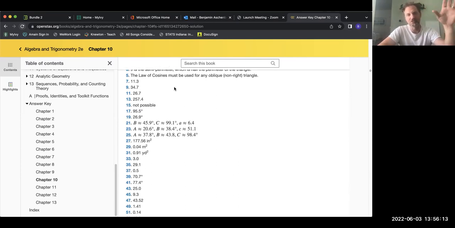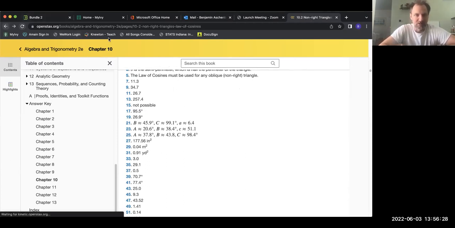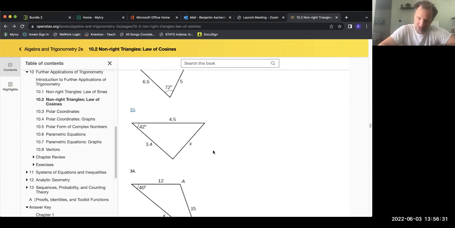So to prevent you from just going to the back and writing down the answers to the problem, I try to mix between even and odd problems. If you find an even problem and you want to feel like you've checked your work, then what you should do is do an odd problem next to it and make sure that you can do that and get positive feedback.